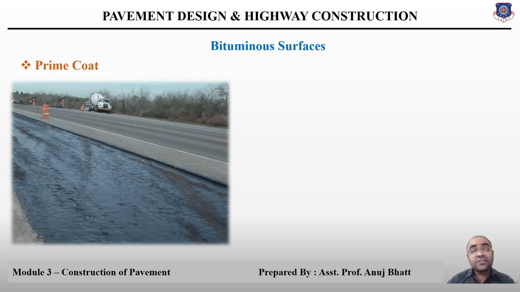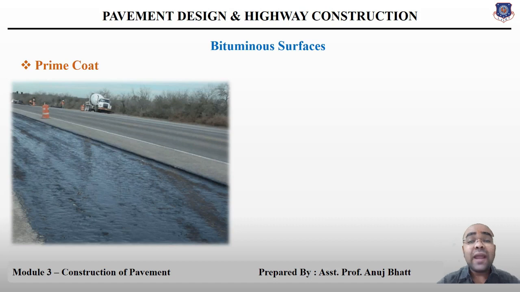Now let's talk about some objectives of the prime coat, how it is beneficial. The first objective is to plug the capillary voids in the surface. The next objective of the prime coat is to harden the surface by binding dust and loose particles, to promote the adhesion between the surface and the superimposed layer.